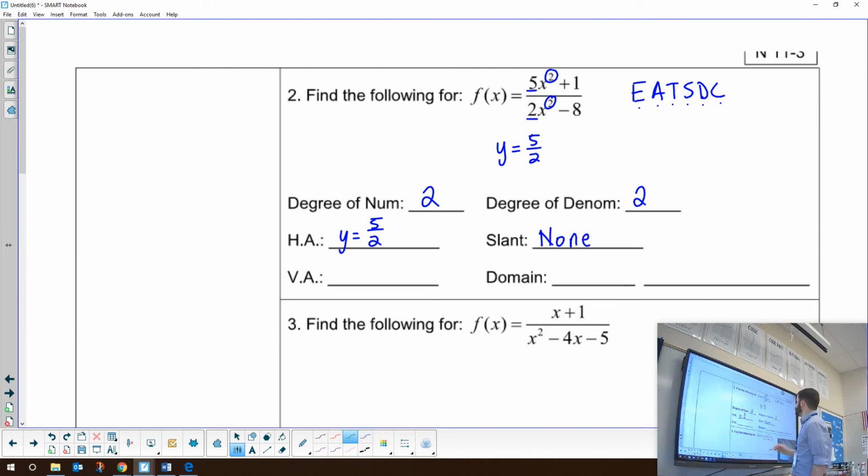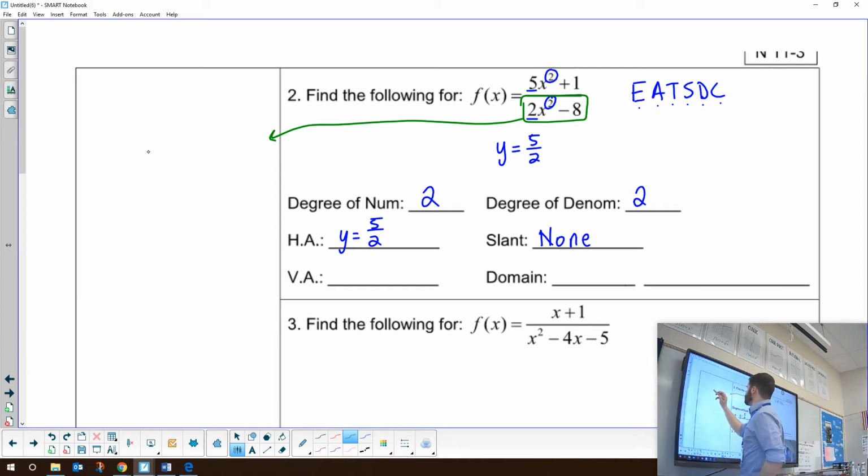Okay, so then what we can do is take my denominator off to the side and set it equal to 0 to find my undefined values, to find my vertical asymptotes. So I'm going to take this 2x squared minus 8, set it equal to 0, factor it and solve my factors.